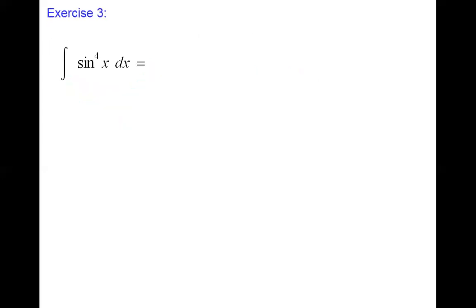Now we do have an integral of sine to the power of 4 x dx. This is still an even exponent. For even exponents, we're supposed to use the half angle formula, but we only know the square. That's when we remember how we can rewrite. We can rewrite this way, sine square of x squared again, which will give me the power of 4.